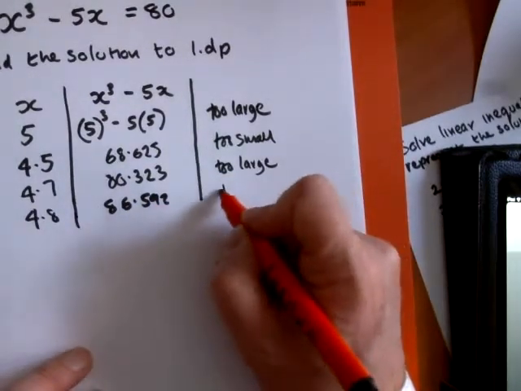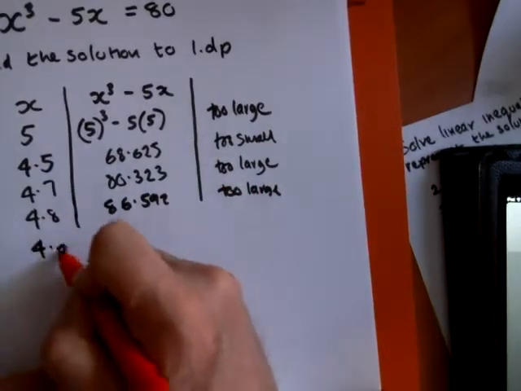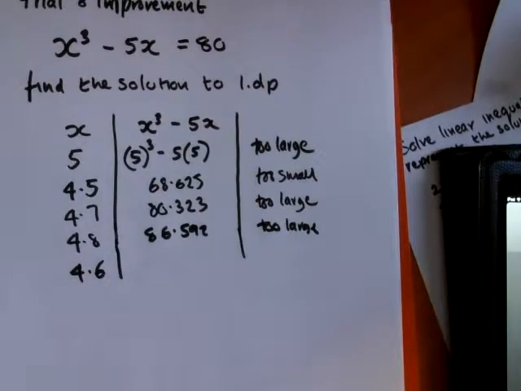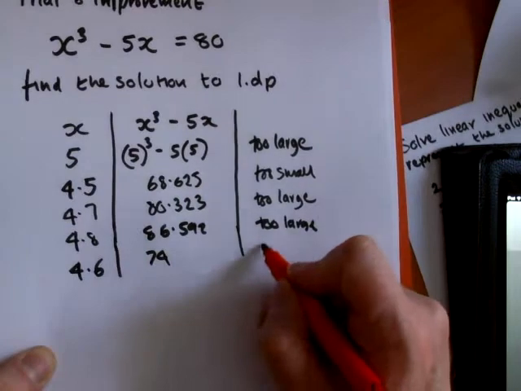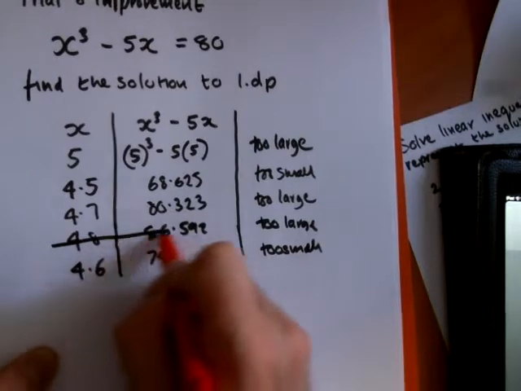Now I did a stupid thing there actually. I really should have checked underneath 4.7 and not above, but that's just a mistake on my part. We'll quickly put in 4.6 and find out what that comes to. So 4.6 cubed minus 5 times 4.6, and that's 74, which is too small. Now, it was stupid of me to have done 4.8, let's just forget that.